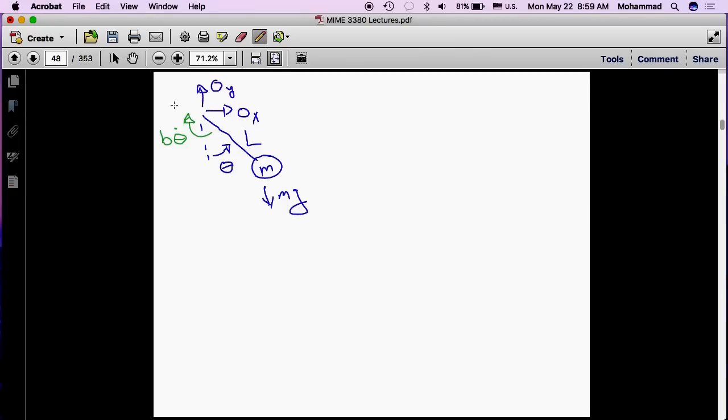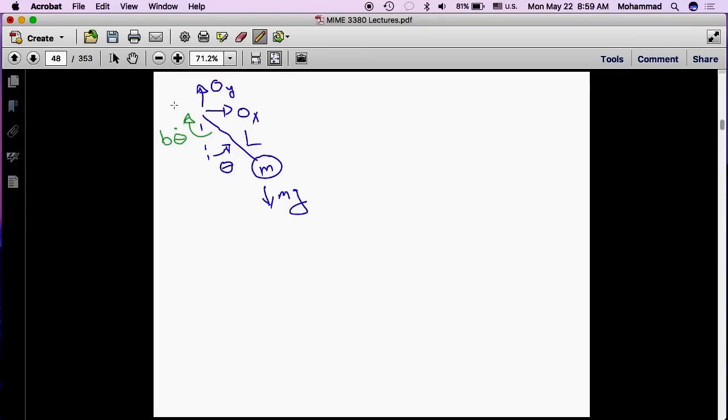So this is the free body diagram. Do we need to include anything else? Seems like we have captured what we assumed to be there. So we didn't consider, for example, the elasticity of the link. We are assuming the link is rigid, so one variable theta describes the motion.